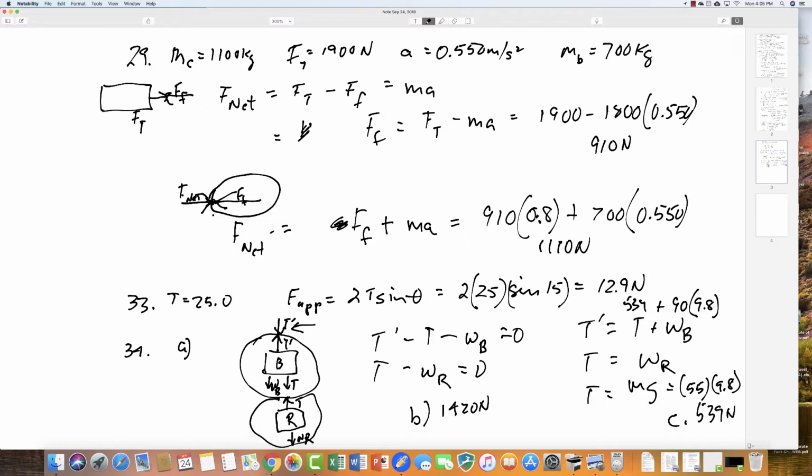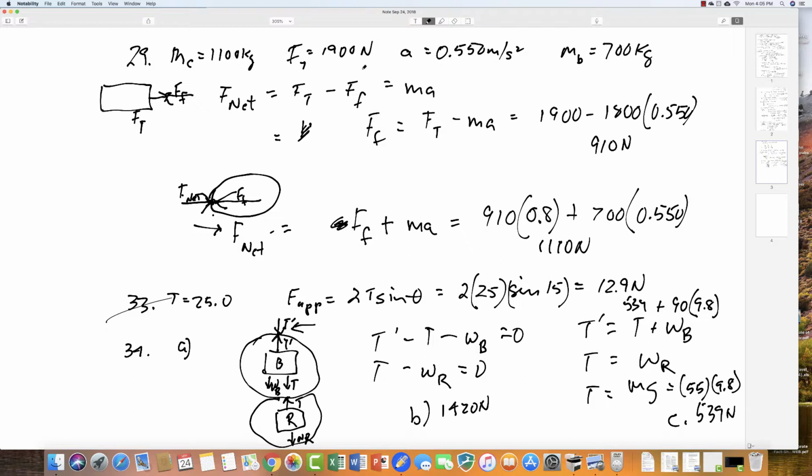So 80% times 910 plus 700 kilograms times the acceleration. So the force exerted on this hitch is 1100 newtons in this direction.